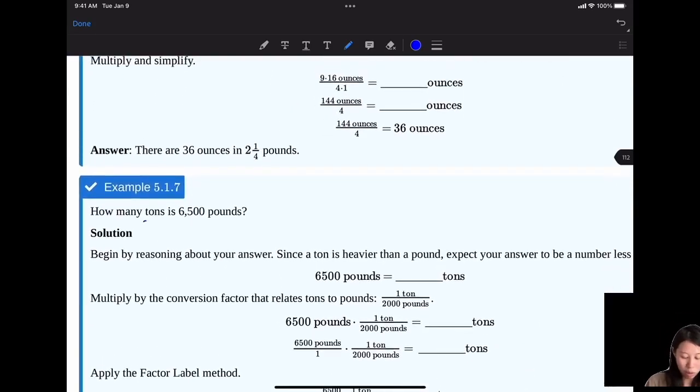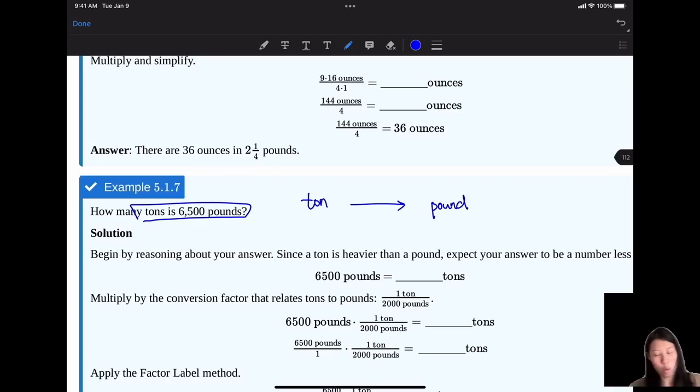Okay, what about here? How many tons in 6,500 pounds? So we have pounds to tons. What would be the conversion factor? 1 ton equals 2,000 pounds, so the conversion factor would be 2,000.